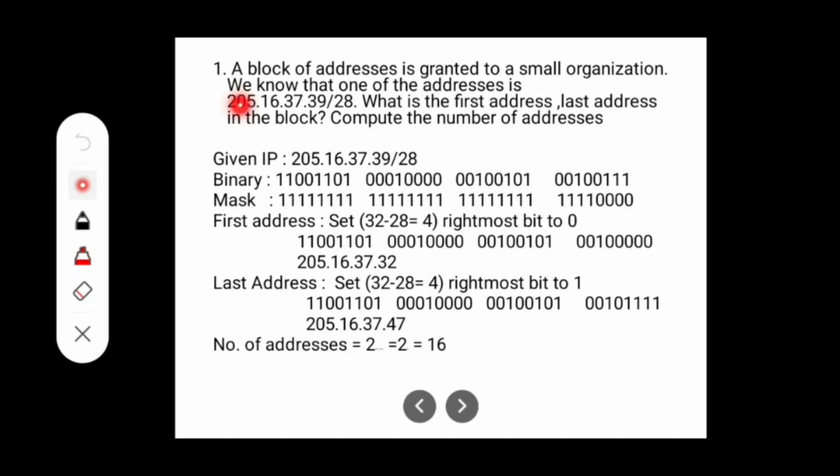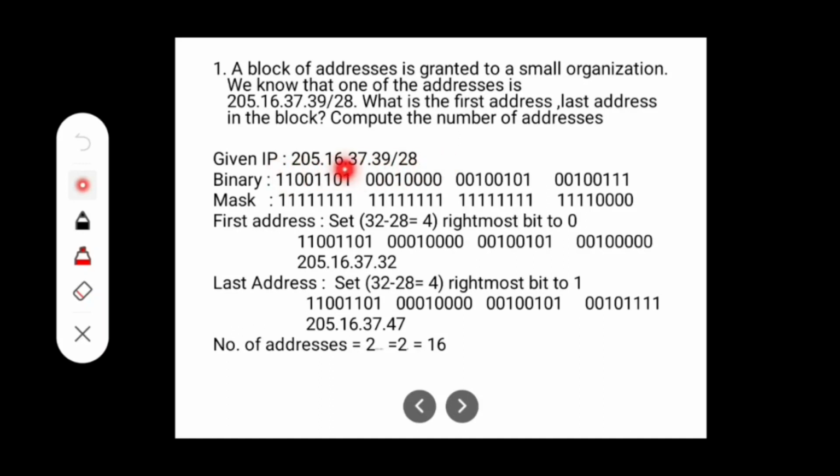So the given IP address is 205.16.37.39/28. /28 means the first 28 bits starting from the left will be 1, and that will be the mask.